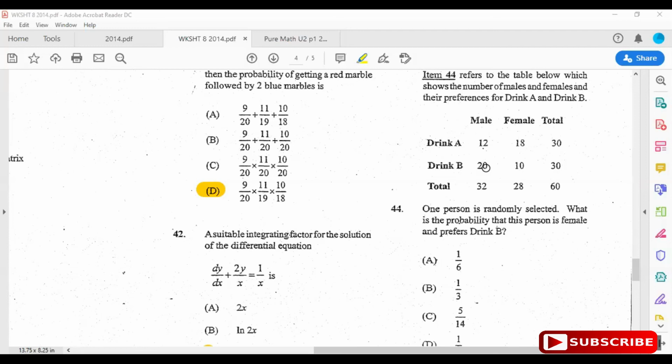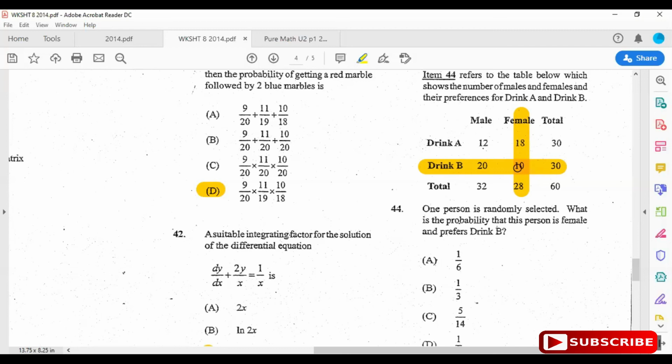All right. So back to this question, we're going to look at the table and they want to find the probability that the person is a female and drinks B. So you look at the female column and you look at B. This is female and this is drinking B. They intersect at this number right here, 10.